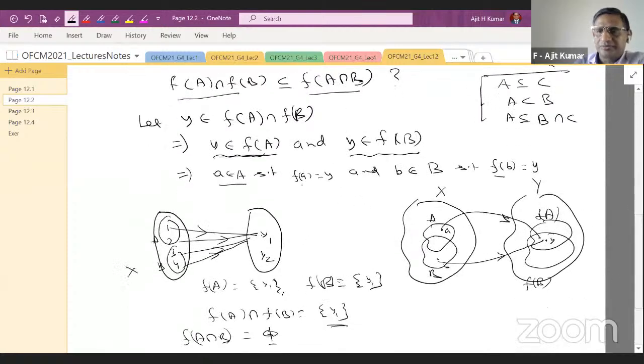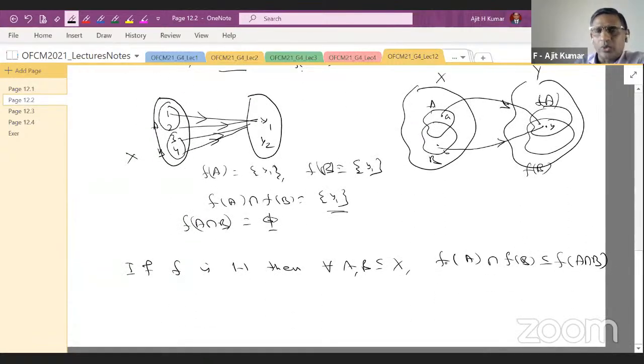You start with an element y in f of A intersection f of B. Then y belongs to f of A and y belongs to f of B. Since y belongs to f of A, there exists some small a in A such that f of a is equal to y. Similarly, there exists some small b in B such that f of b is equal to y.